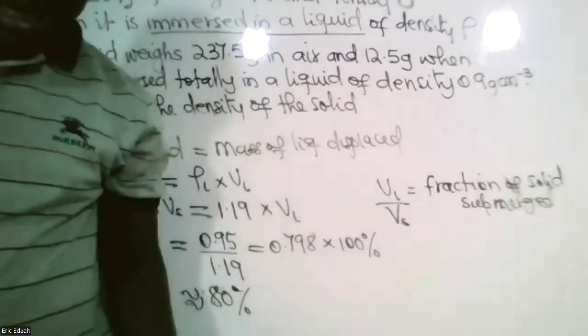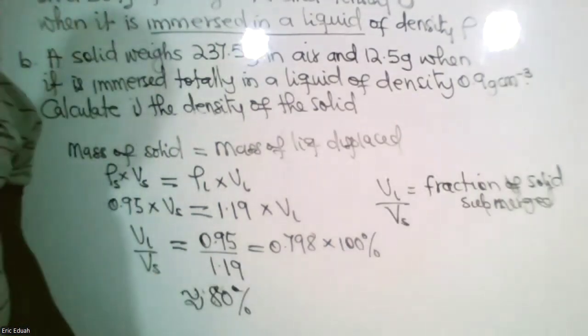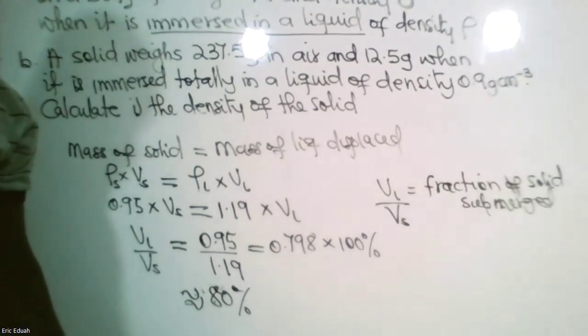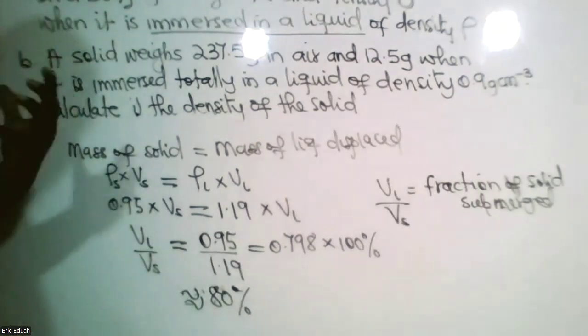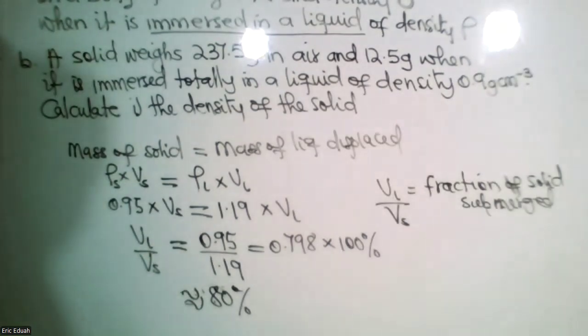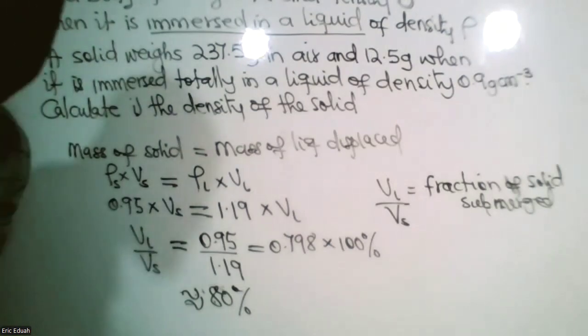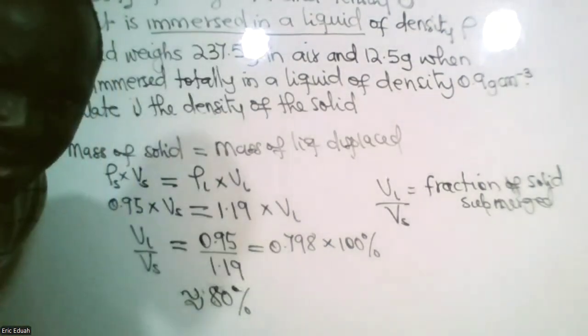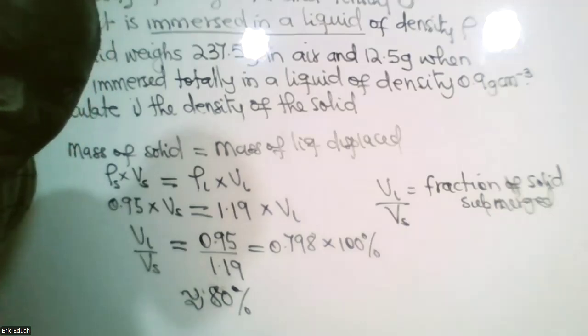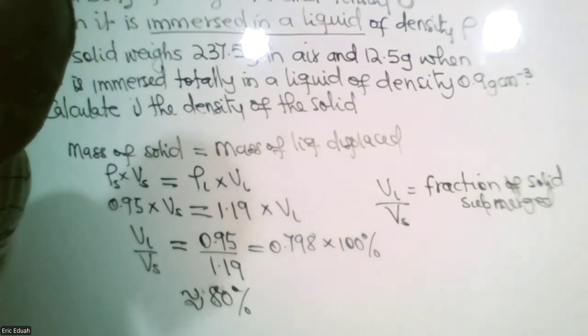Please, do you understand? Hello, do you understand? I'm going over. Those of you who are not clear, the question asks that we find the fraction of the solid submerged in a liquid of density 1.19.